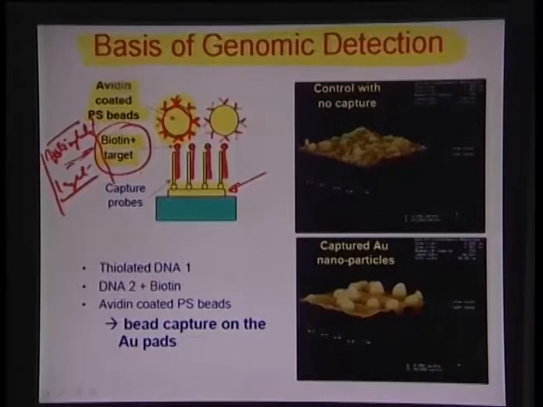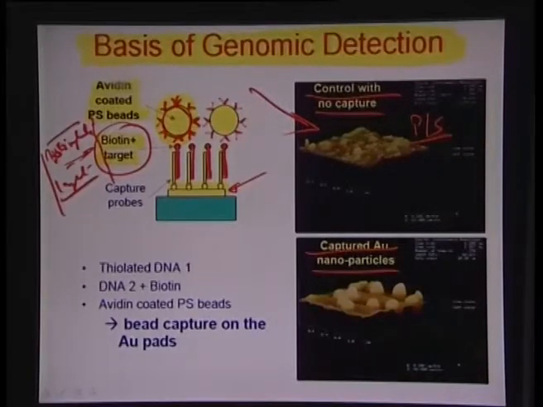So how do you detect such a mechanism? You use an AFM for doing that. Here if you look at the two scans, in the top scan there is a control sample with no capture, so there are no polystyrene beads immobilized, as opposed to the captured sample.